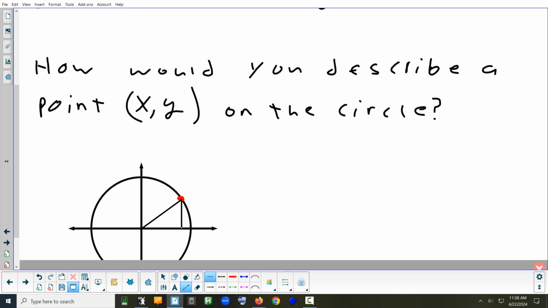Draw a line straight down. And this is how far over. What part of the coordinate do you think that green segment is going to be? The x. That's my x. And what part of the coordinate do you think the blue segment is? That's my y.